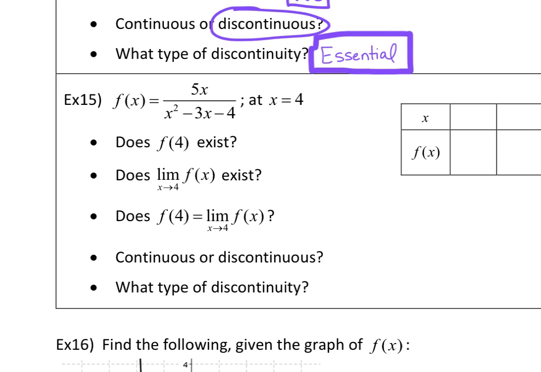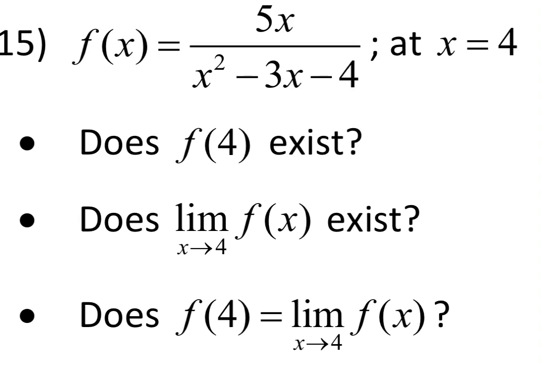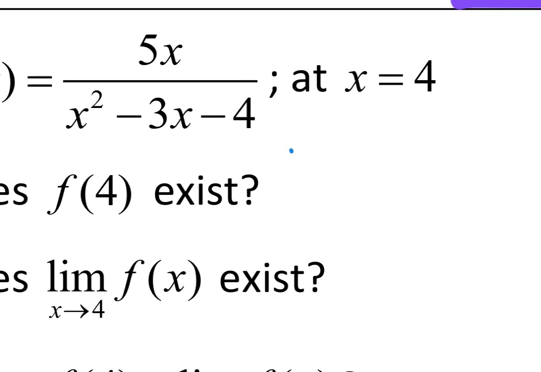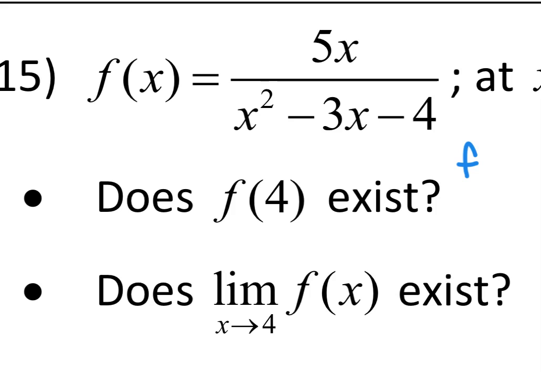And then example 15, we're looking at this function and we're checking to see if it's continuous at x equals 4. And so the first thing that I want to do is substitute. First thing we're going to do is fix Miss Applebacher's math mistakes. Is f of 4 defined?